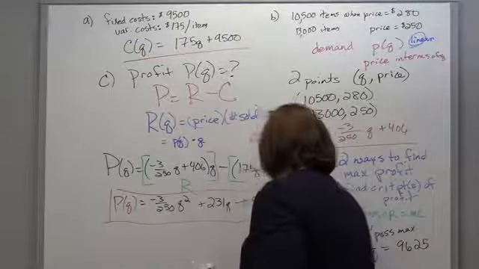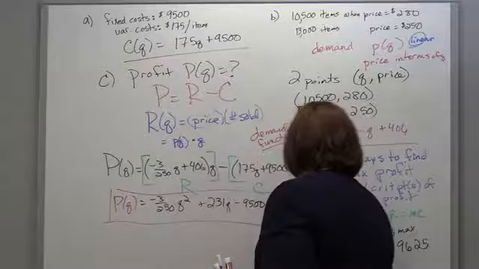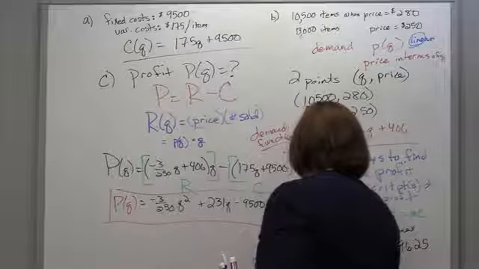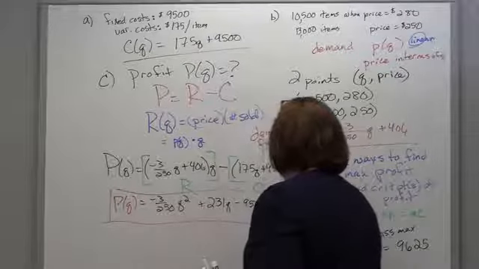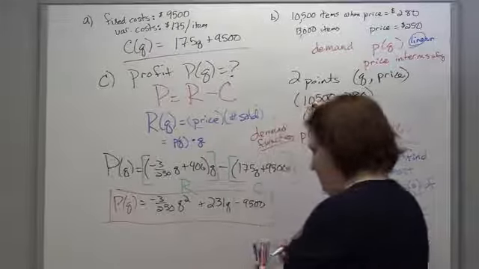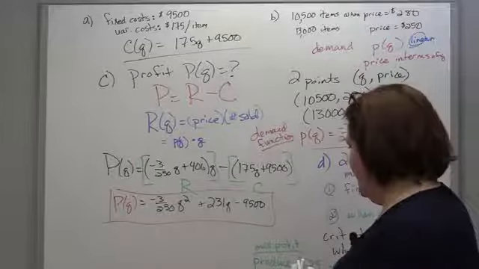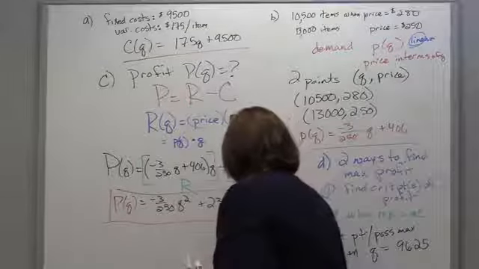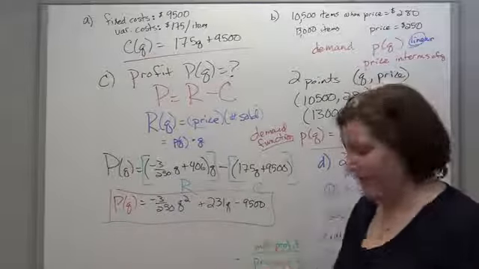Our production level, so we want to produce 9625 items. That's our Q. And that was the first part. The second part of this question was, what is that maximum profit?